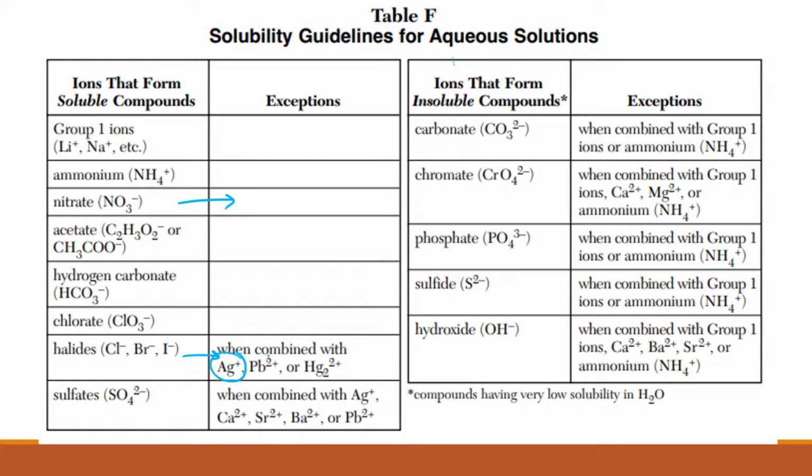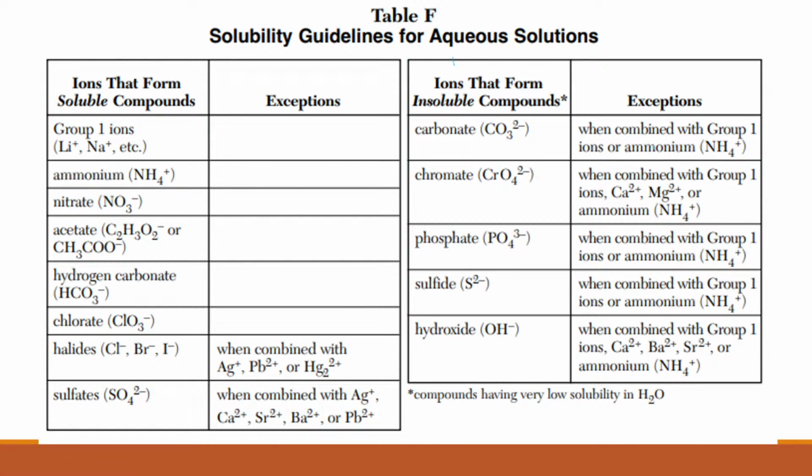Halides have these 3 exceptions. Sulfates have these 5 exceptions. So the left side, this whole side, tells you things that are normally soluble, and if they have any exceptions, things that would then make them insoluble.